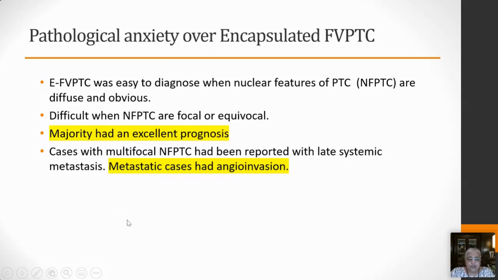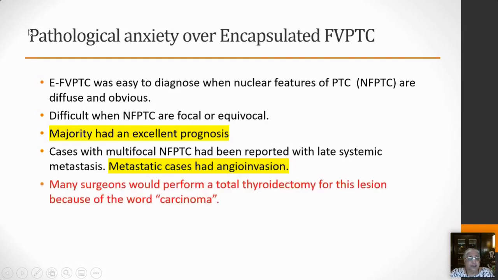So it was the angioinvasion that gave a bad prognosis to these lesions, rather than the fact that they were actually thyroid carcinomas. And the problem was, many surgeons would perform a total thyroidectomy for this lesion because of the word carcinoma.